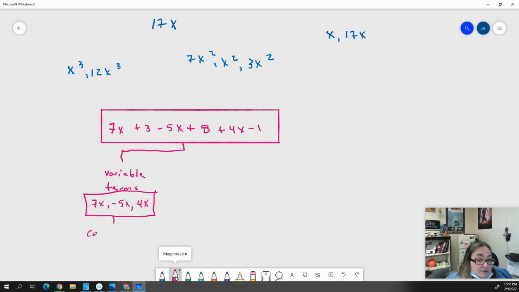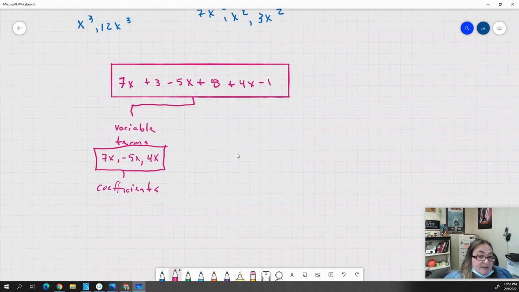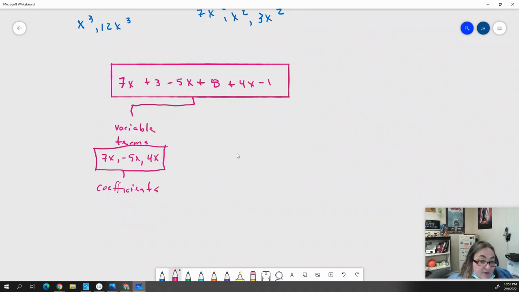So our coefficients are the 7, the negative 5, and the 4. They're just whatever number is attached to our variable.